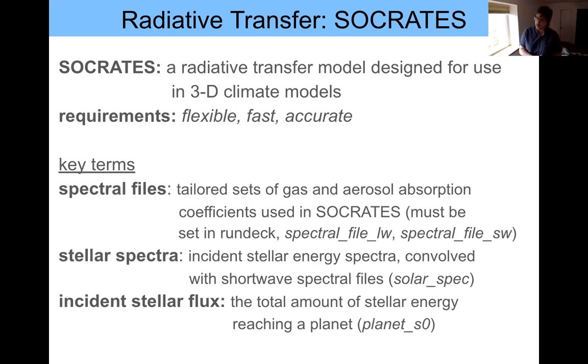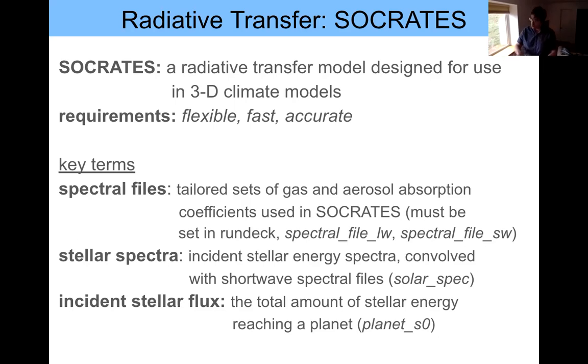You'll also have different stellar spectra within that subgroup, because Socrates takes an extra remapping step within its absorption coefficients, where within the spectral intervals, it'll remap the absorption coefficients weighted with the stellar spectrum in order to improve accuracy just a little bit.